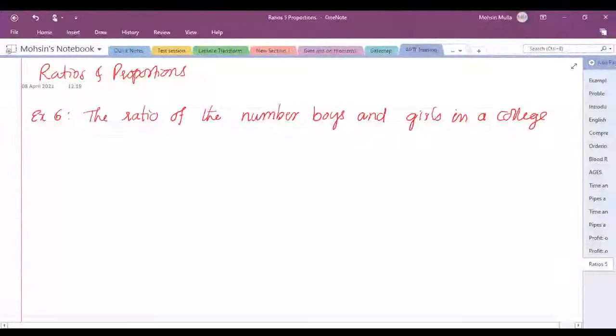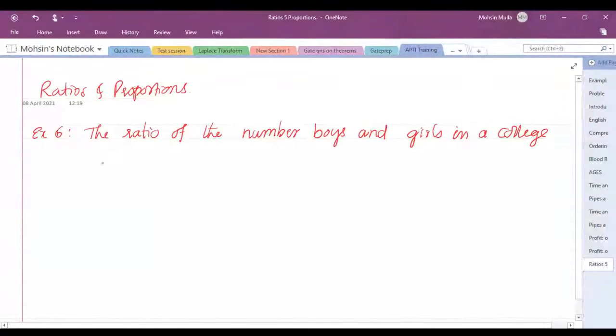In a college, the ratio of the number of boys and girls is 7 is to 8.